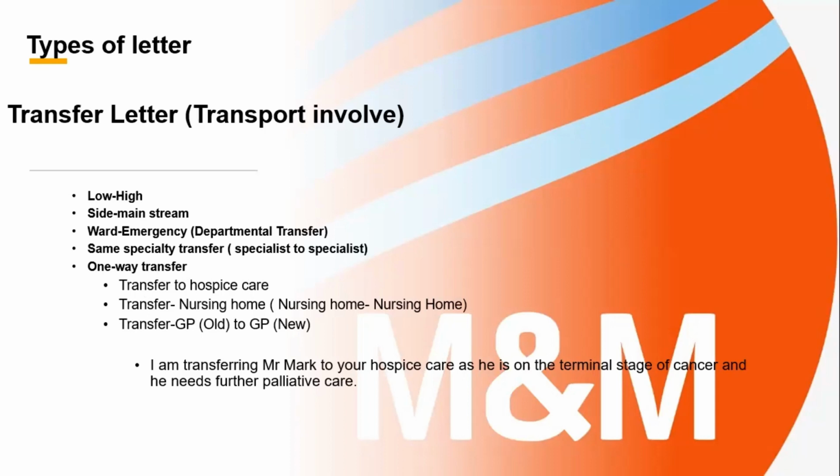So this is a kind of transfer letter, but from one person to another person. We have to see how we can organize the information accordingly, because the most concern is the reason for referral. Transferring for temporary shelter is also an example of one-way transfer.